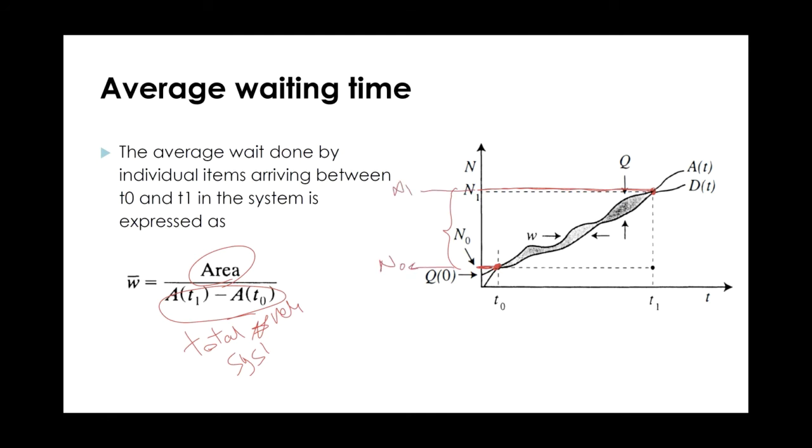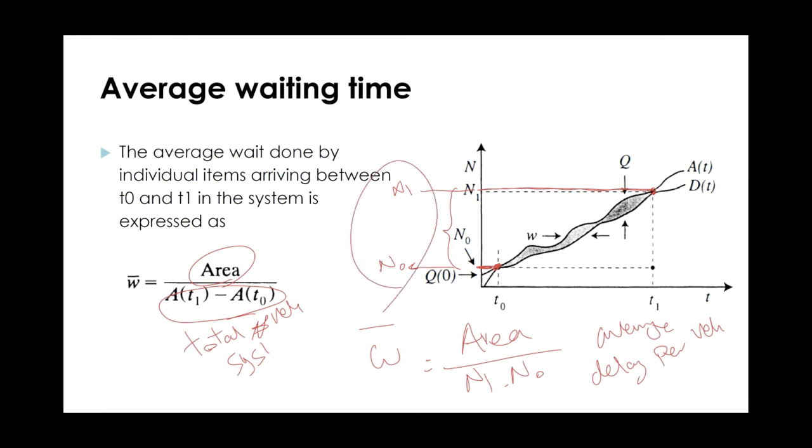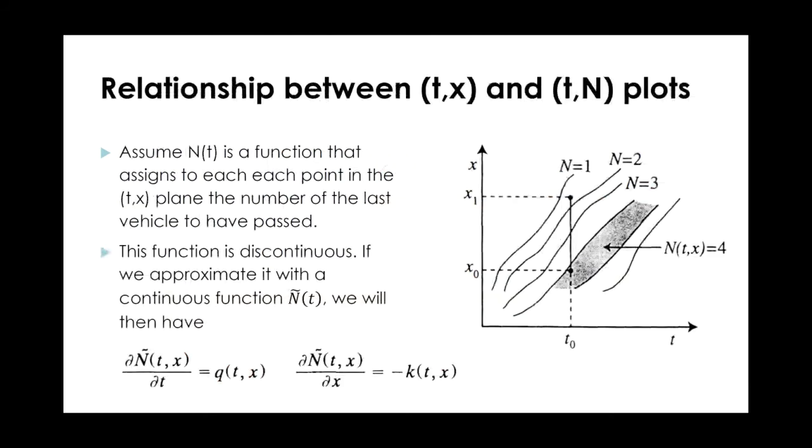If I get that area between the two curves and divide it by the total number of vehicles in the system, that gives me something that we call average delay per vehicle. So the total area between the two curves gives me total delay. If I divide it by the number of vehicles in the system, n1 minus n0, it gives me the average delay per vehicle.